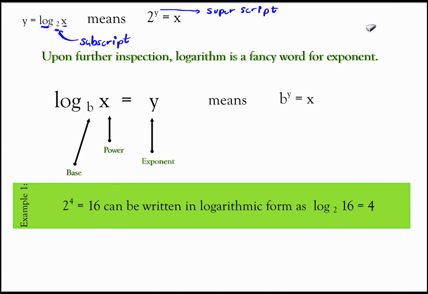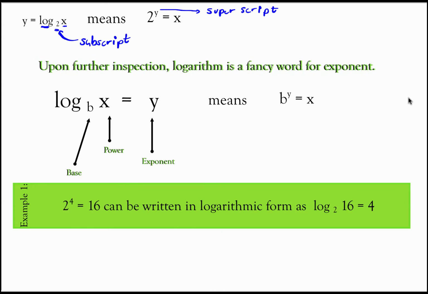So, upon further inspection, you are going to learn that logarithm is a fancy word for exponent. So these are the parts of a logarithm you must learn. That subscript is our base. Our power is x, and our exponent is y. And it's very clear that you understand the difference.